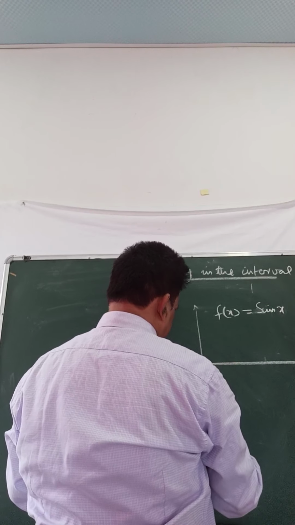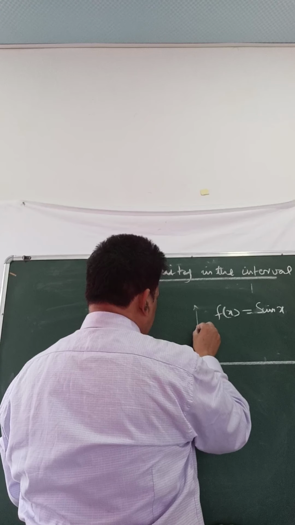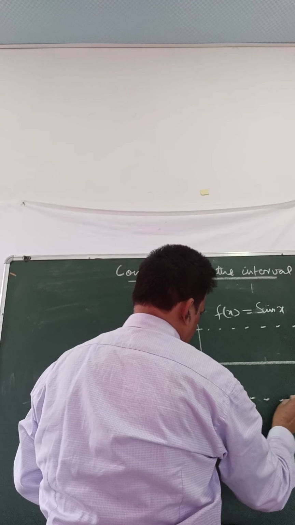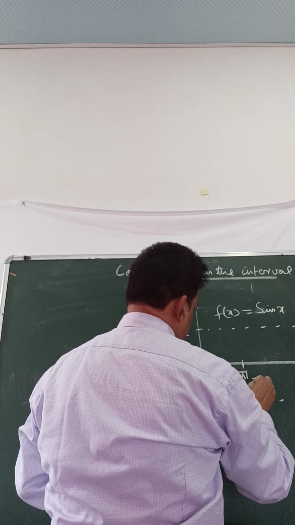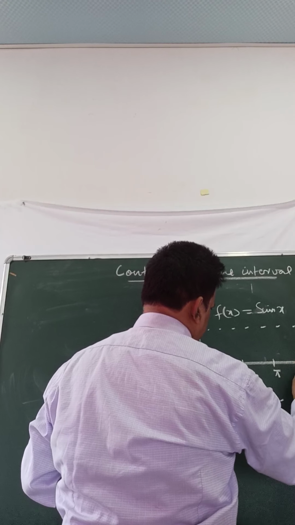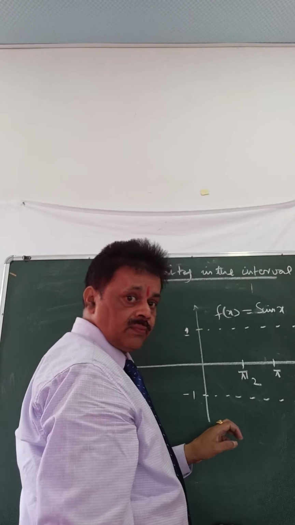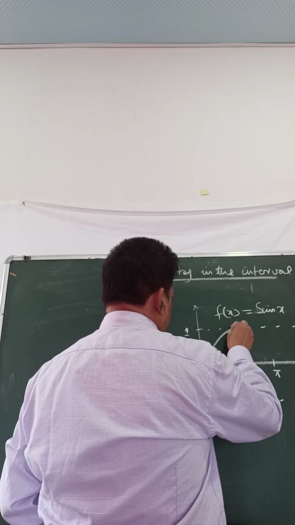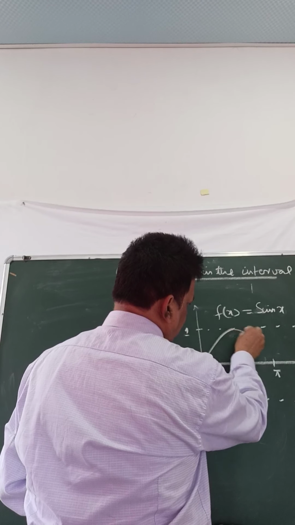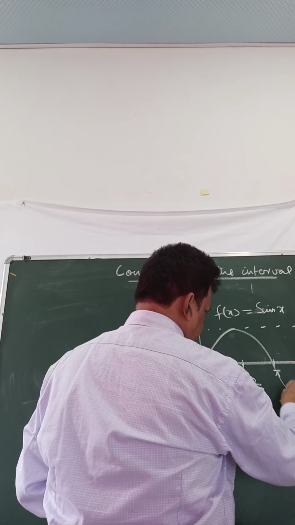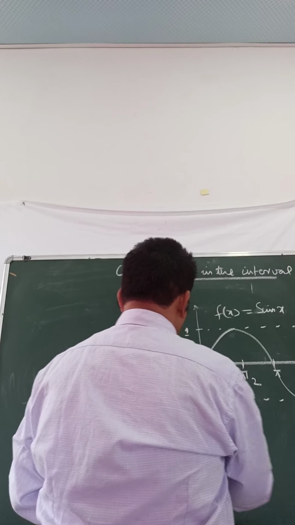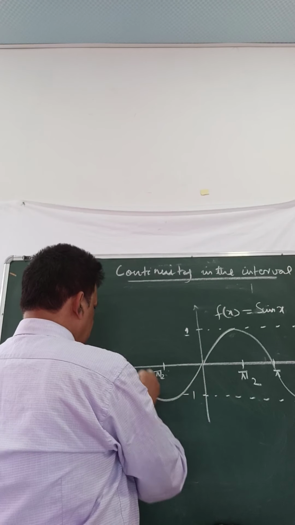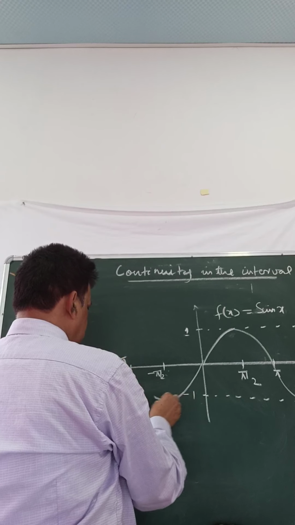If this is your minus 1 line, this is your plus 1 line. This is pi by 2, this is pi, this is 3 pi by 2. So 0, pi by 2 is 1, pi is 0, 3 pi by 2 is minus 1. Again if you come this side, minus pi by 2 is minus 1, minus pi is again 0.